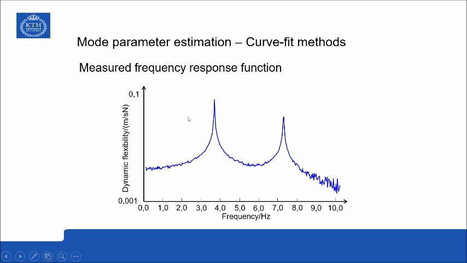This is the absolute value, that is the magnitude, versus frequency of a dynamic flexibility curve. As you can see here, we have some disturbances. It could be noise from the measurement system. And we clearly see that we have at least 2 resonance peaks. So we may expect to find 2 modes contributing to this frequency response function.